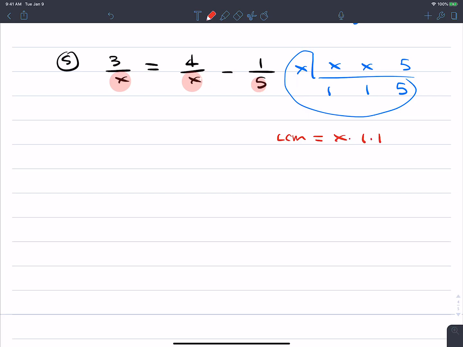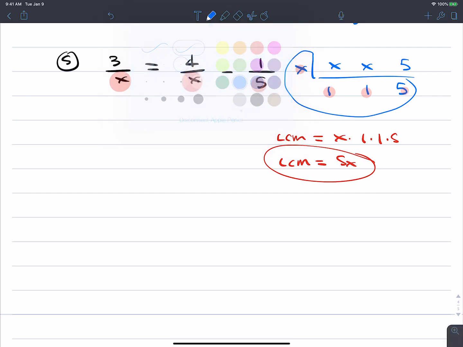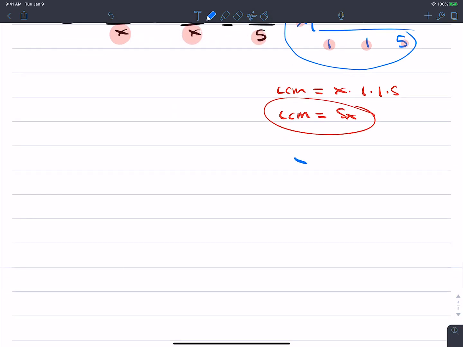So that your LCM now will be x times 1 times 1 times 5. We just multiply these terms. Okay? And what do you guys get? LCM is going to be 5x. Is that right? Now, notice this though. What if you said, can I just use one of those x's since it's duplicated?